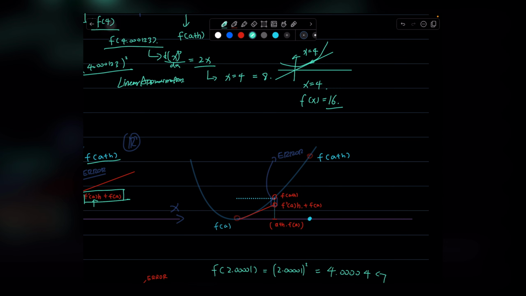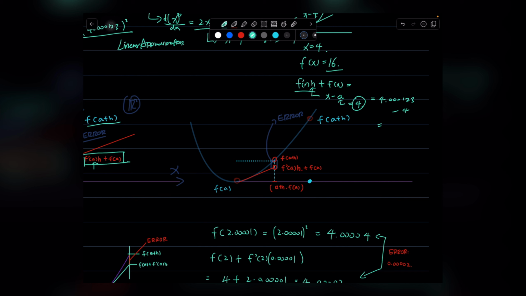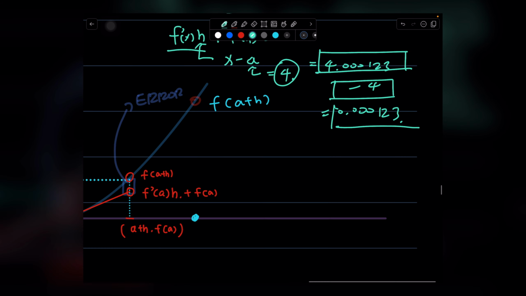Let's put all the values into the expression. We have h, this minor change, equal to x minus a, in which this a is 4. So how should we use it?